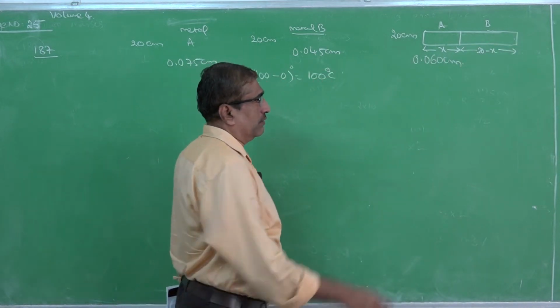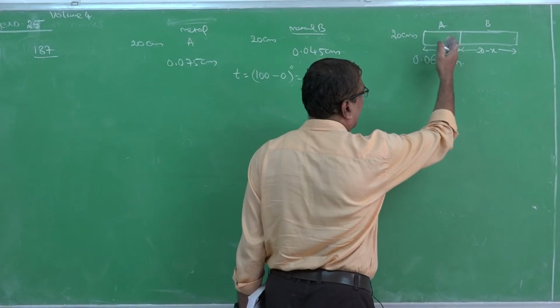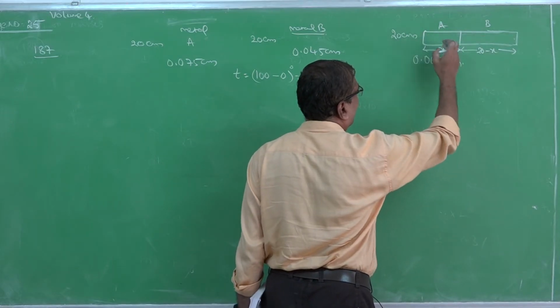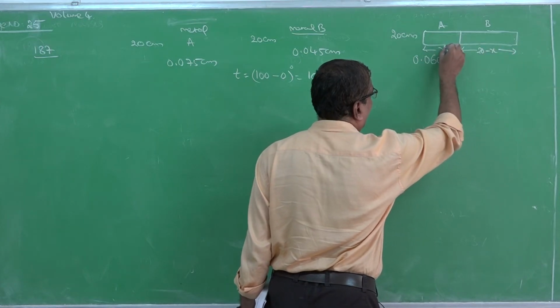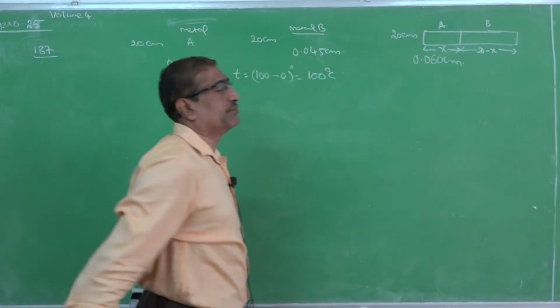So, the length of metal A in this 20 centimeter rod is x, and the remaining B is 20 minus x. Our question is to find this x. How can we find it?